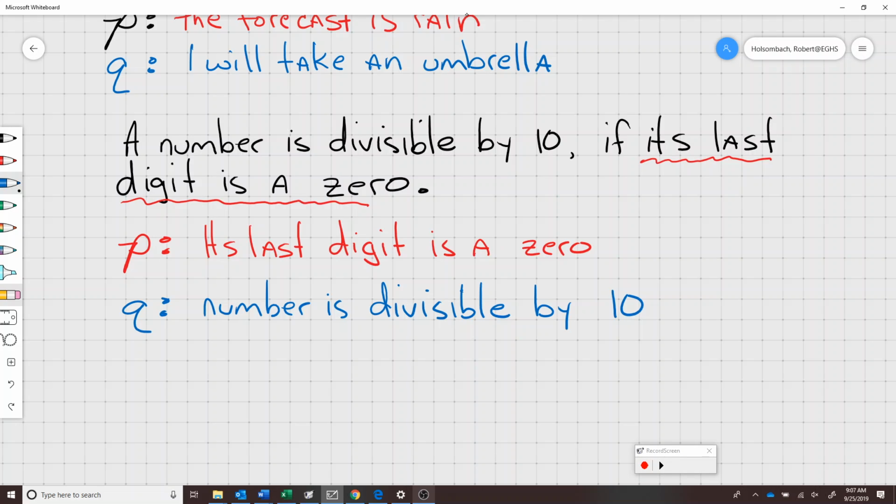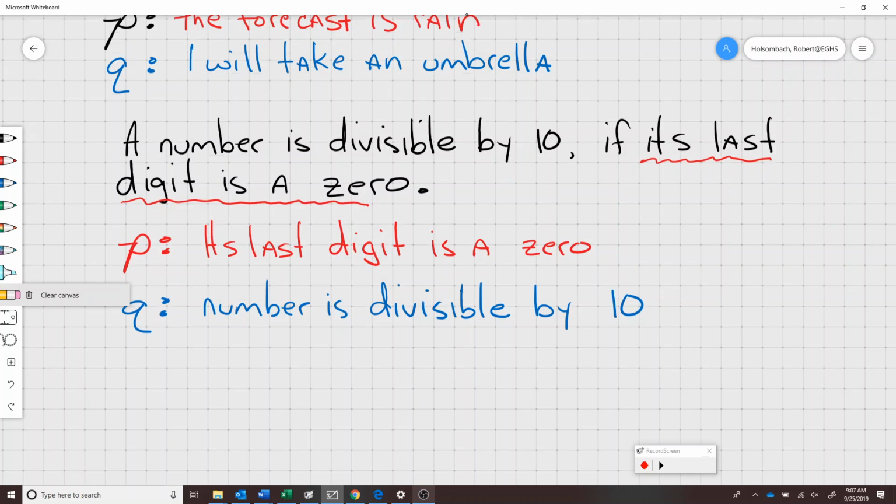What you're going to be doing today is just identifying the hypothesis and the conclusion of some conditional statements. And then tomorrow we're going to talk about related conditional statements and how to write those. So I want you to do a little bit of practice today.